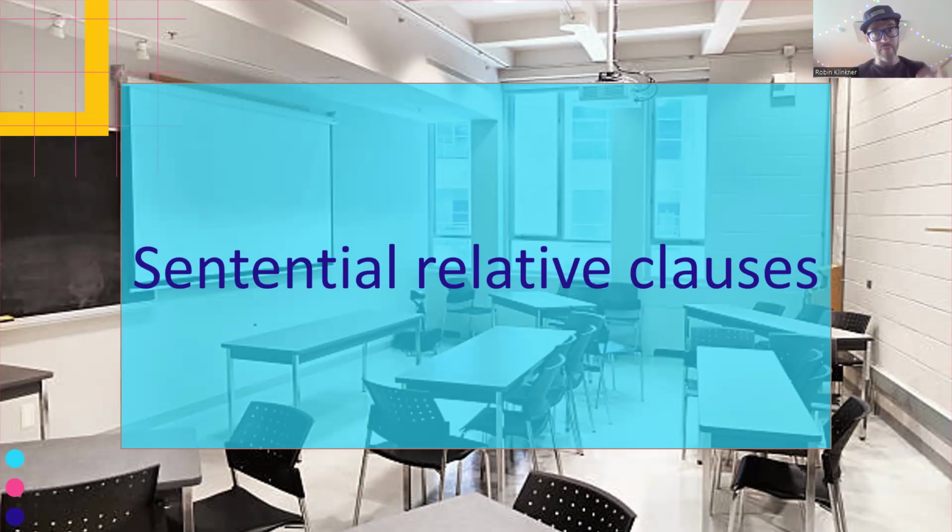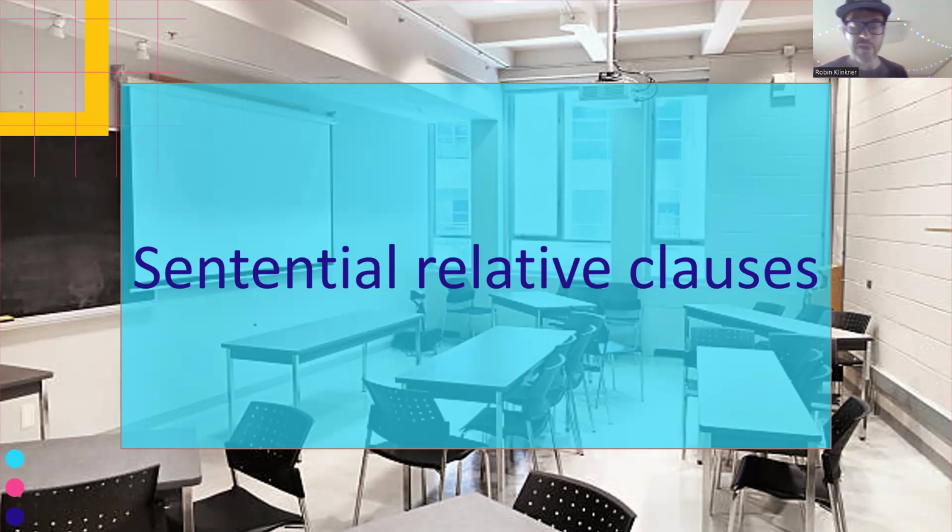When you have an appositive that's necessary because it identifies the noun, no comma. When you have an appositive that's giving additional information and is not identifying the noun, you add the comma. That's a pattern used for clauses. So we will find out that with sentential relative clauses, always use a comma.